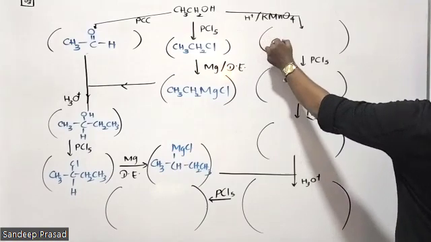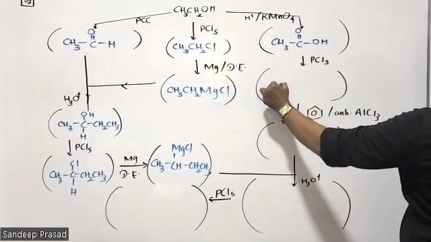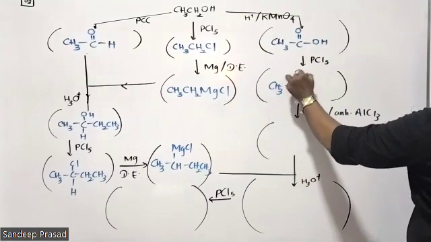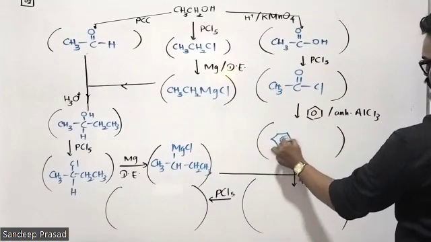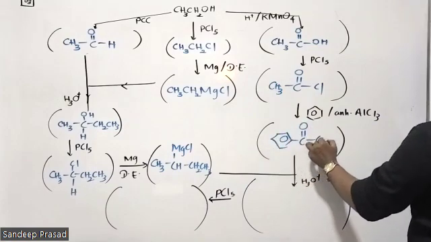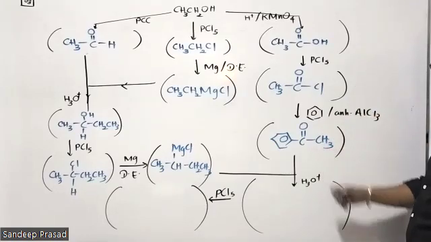So acidic KMnO4 is added. So therefore carboxylic acid is produced. Friedel-Crafts acylation, the first reaction that we learned today. So this is it.